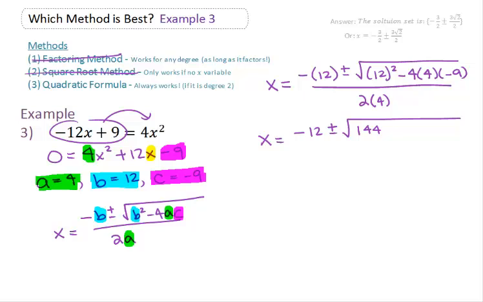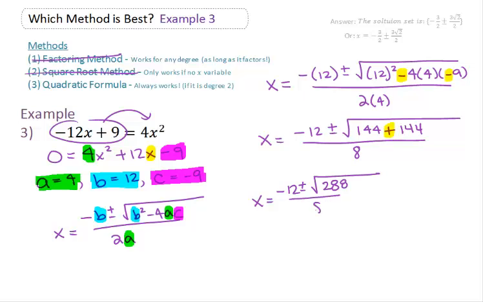Take notice of your signs here. We have a negative times a negative, which means that this is going to come up to be a positive here. 4 times 4 gives you 16, and 16 times 9 gives you 144. This is all over 2 times 4, which gives you 8. So you have x is equal to negative 12 plus or minus square root of 288, and that is all over 8.